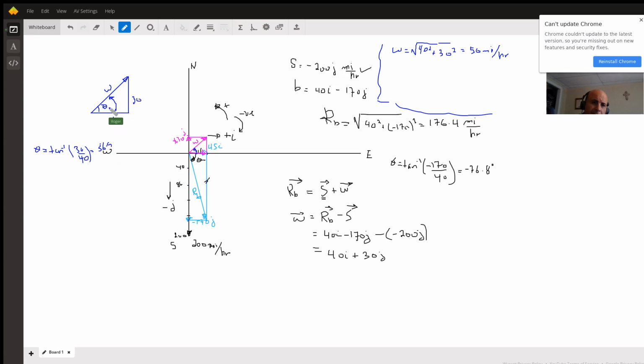So this angle theta here is 36.9 degrees, which means that the wind vector that hit the plane forms an angle of 36.9 degrees positive with the horizontal, rotating counterclockwise. Okay, that is all the answers.